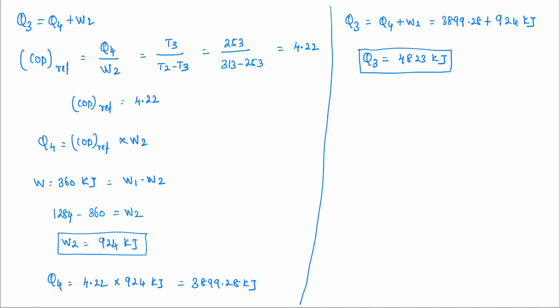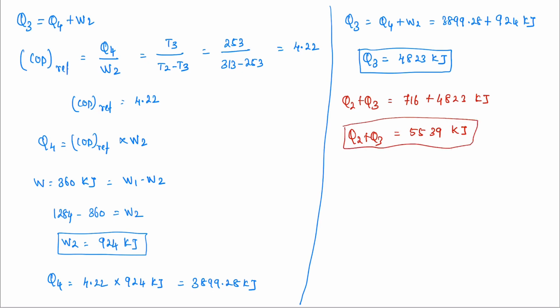Therefore, Q2 plus Q3 is equal to 716 plus 4823 kilojoule, which is equal to 5539 kilojoule. Therefore, the heat rejection to a lower temperature sink at T2 is equal to 5539 kilojoule. That is Q2 plus Q3. This is the heat rejection to a thermal reservoir at a temperature of 313 Kelvin.